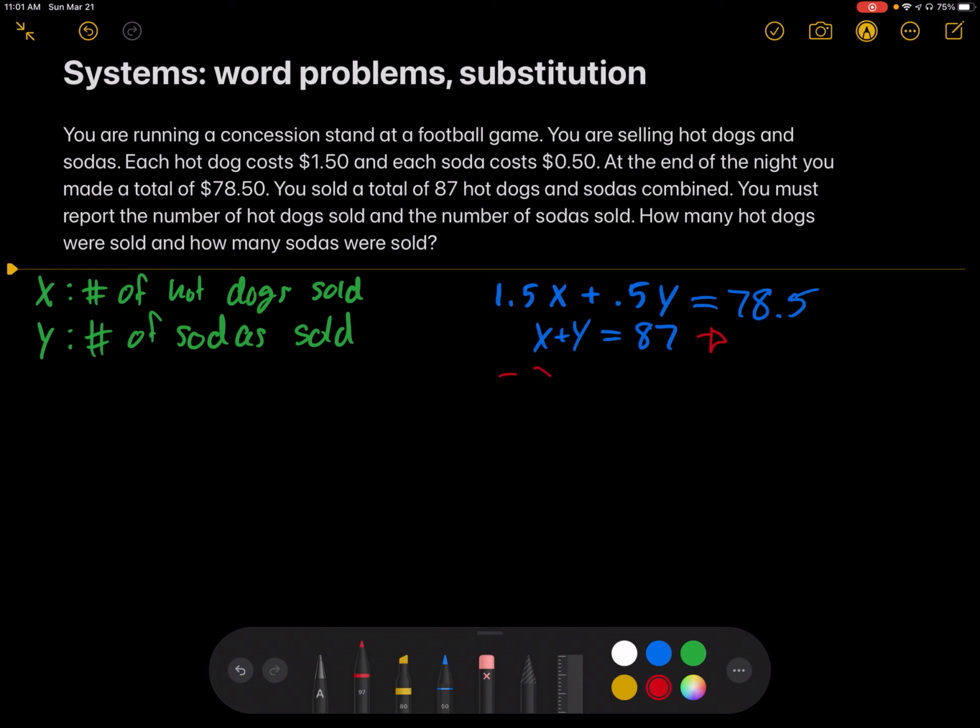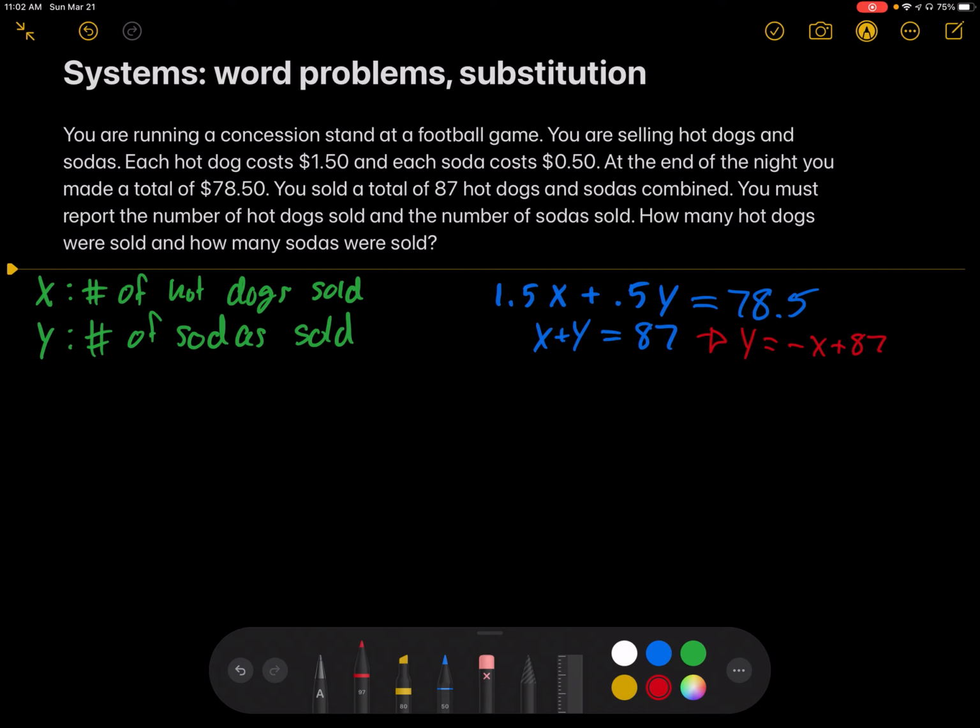What I'm going to do is subtract x from both sides to get y equals negative x plus 87. So I just subtracted x from both sides because what you want to do is get a number or a variable, either x or y, alone on the side.